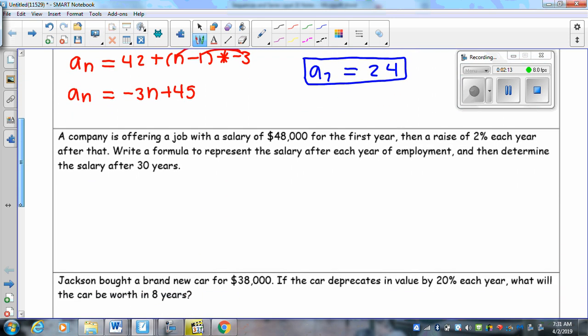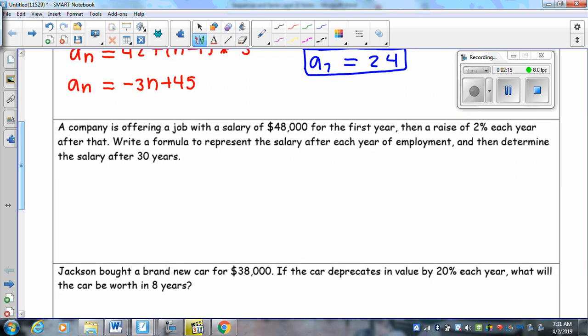Okay, next problem. The company is offering a job with a salary of $48,000 for the first year. So right now I look right away and I see A1 equals $48,000. Then you're going to get a raise of 2% each year after that.